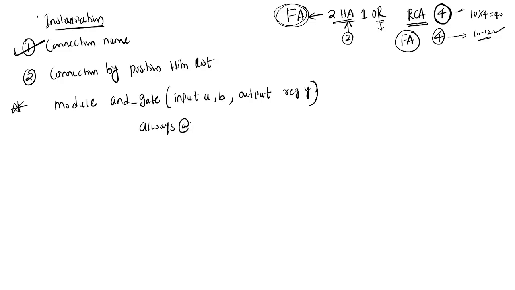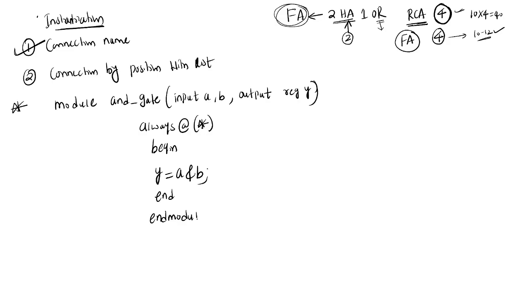Don't worry. In behavioral modeling, always at the rate, I need to use star. Star is nothing but the implication operator. If there is any change in the input, then there is a change in the output. So begin, y equal to a logical and of b, end, and end module.